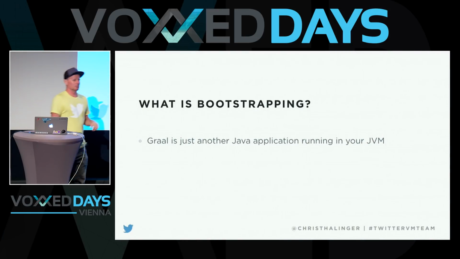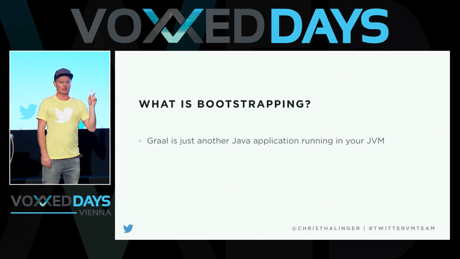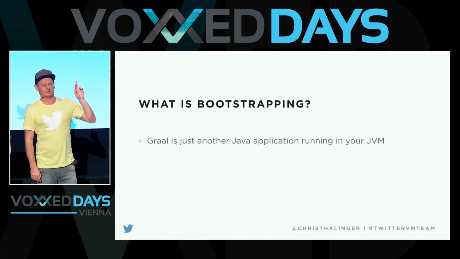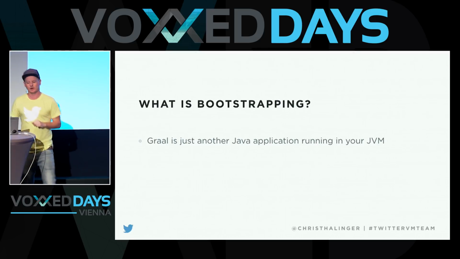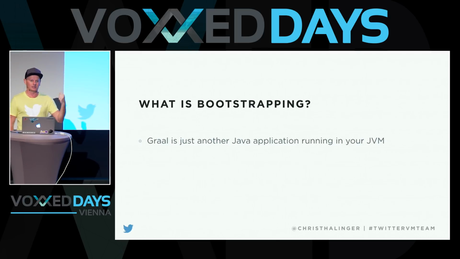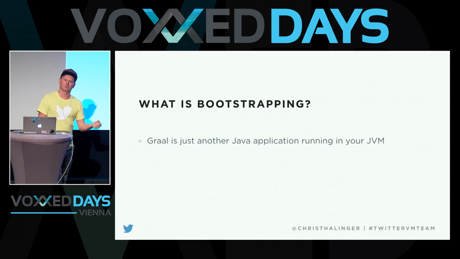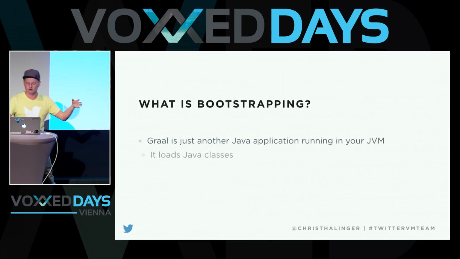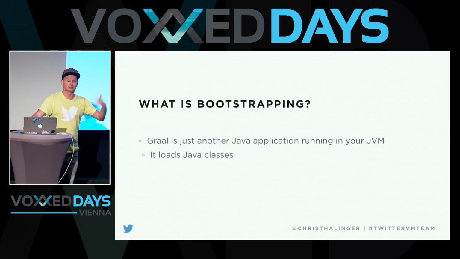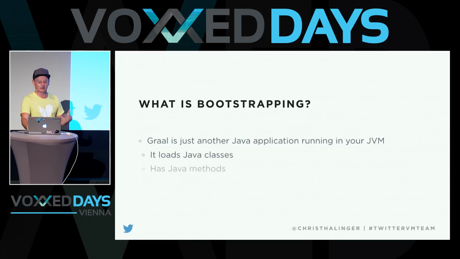Now we have to talk about bootstrapping, because the difference in time we just saw has mostly to do with bootstrapping. So Graal is just another Java application in your JVM, right? It's written in Java, so it loads Java classes. When you start up your VM, it has Java methods, because it's written in Java.